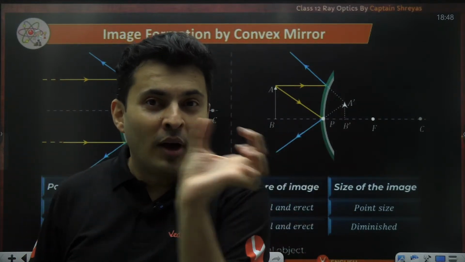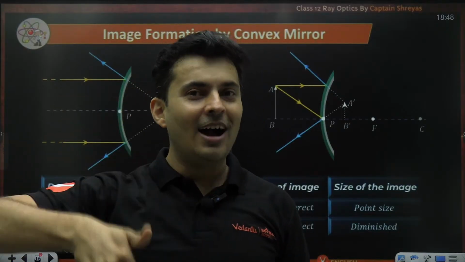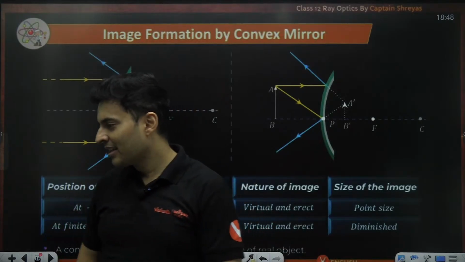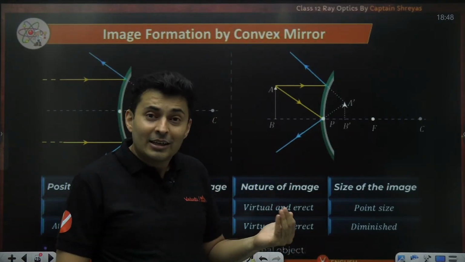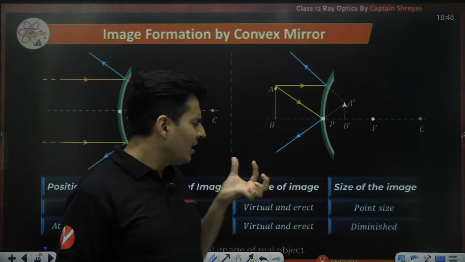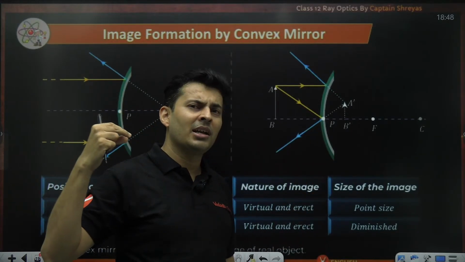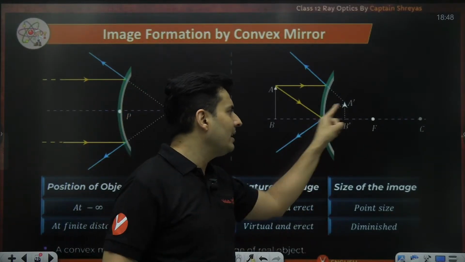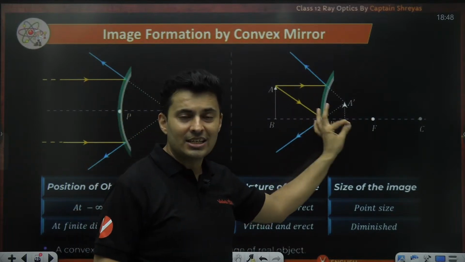So that is why a warning is written on the side view mirrors that the objects in the mirror are closer than they appear. Getting my point? So why do they write that? Because you might feel that the object is far because, oh yeah, the truck is coming from that time, or one car is coming from that time in my mirror. I'm not seeing it move in the mirror because it will have barely this much space between focal and the pole point to change its location.